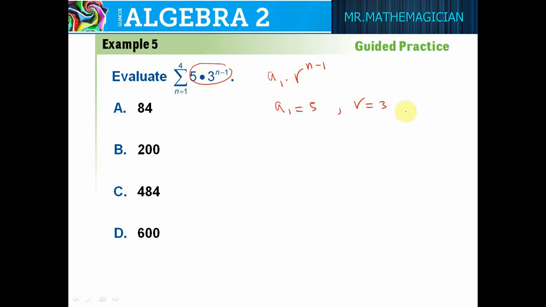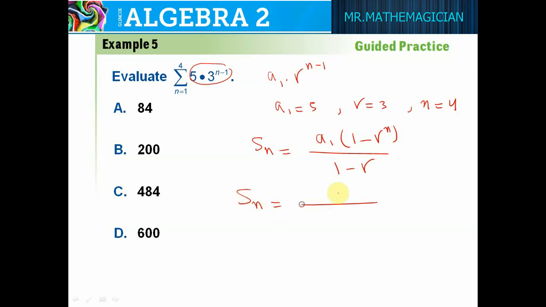From 1 to 4, we have 4 terms. So let's use the rule Sn equals A1 times 1 minus R to the n over 1 minus R. So Sn equals 5 multiplied by 1 minus 3 to the power of 4 over 1 minus 3. Using your calculator, you will find it is 200.